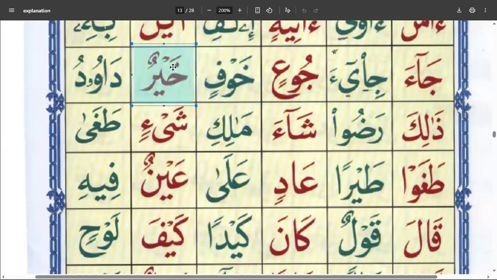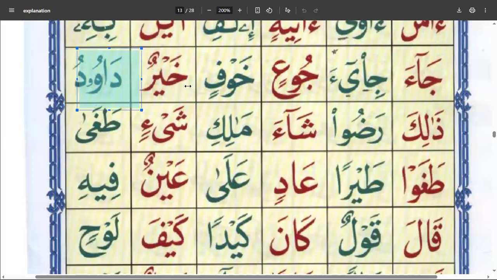Next one, kha ya fatha, khay, ra dammatain, run, khayrun. Next one, dal alif fatha, da, wow dhamma, vu, and then dal dhamma, du: davudu.